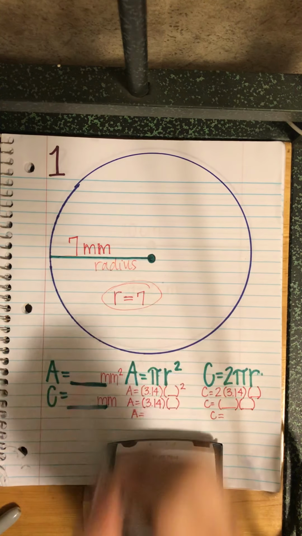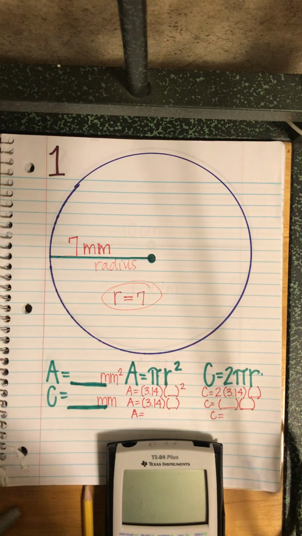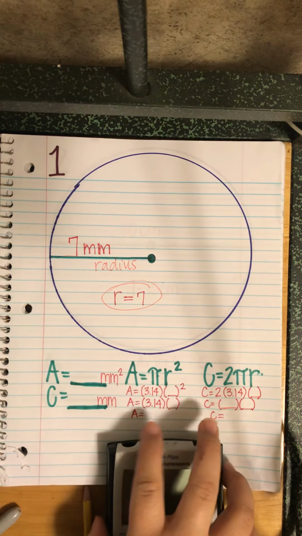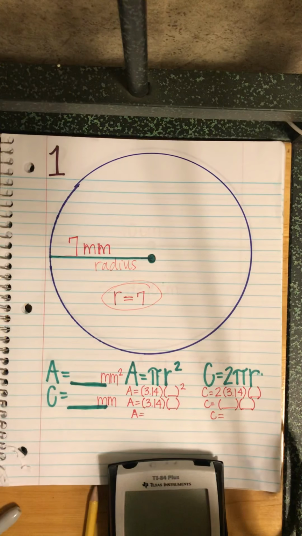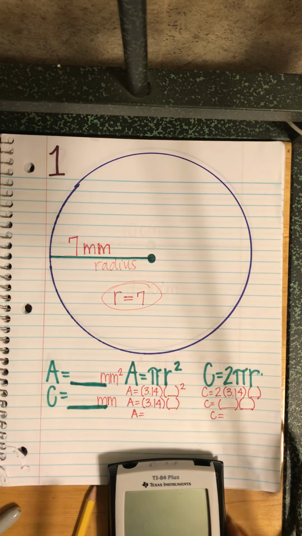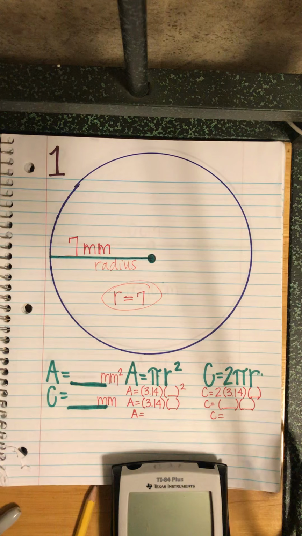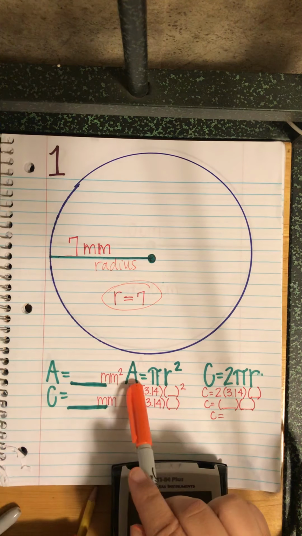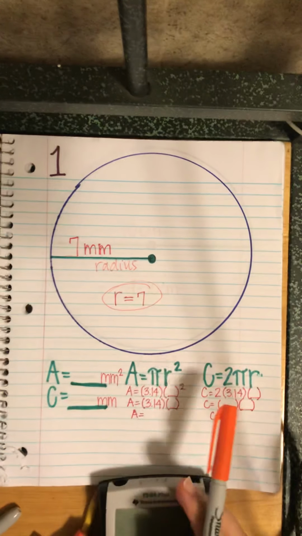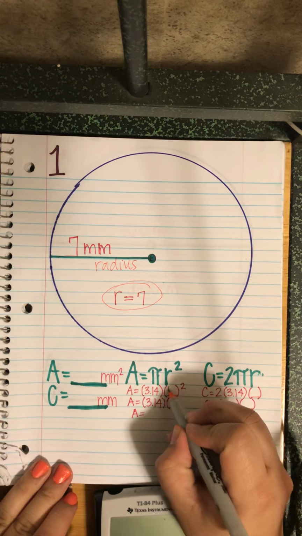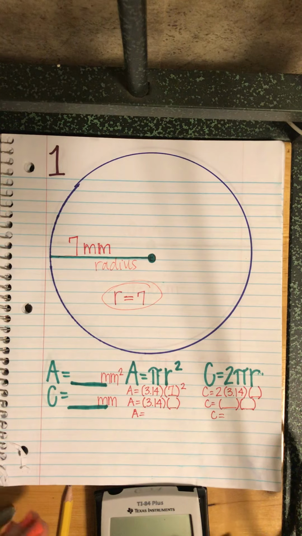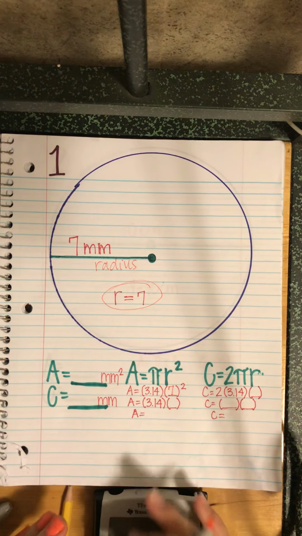We know that the radius is a 7. I've pre-filled this out, so we just have to punch in the 7 wherever we see the r, correct? So in this question, area equals pi r squared. So area equals pi, and right here we're going to put 7 squared, right?